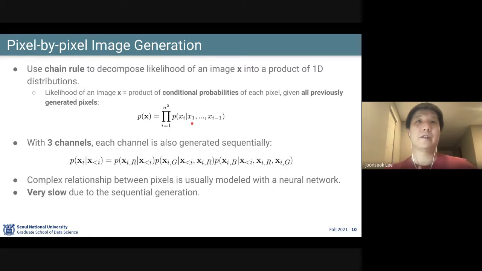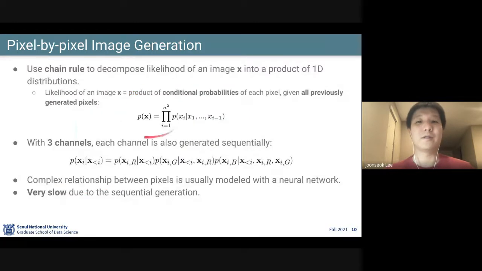The first pixel is just sampled from nothing because we don't have anything yet. And the second pixel, which is the probability of x2, is given x1. So we multiply p(x1) times p(x2 given x1), and p(x3 given x1 and x2), and then p(x4 given x1, x2, x3). And that is repeated until we have p(x_n^2) given all the rest of the pixels. That is the mathematical representation of what I just discussed here.